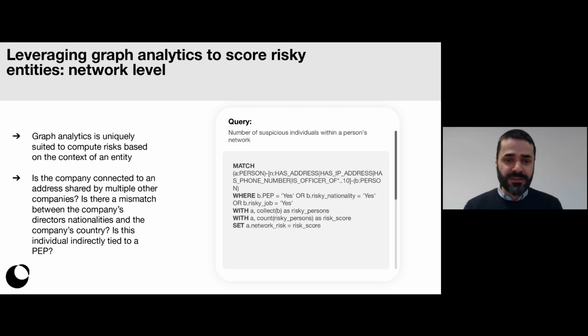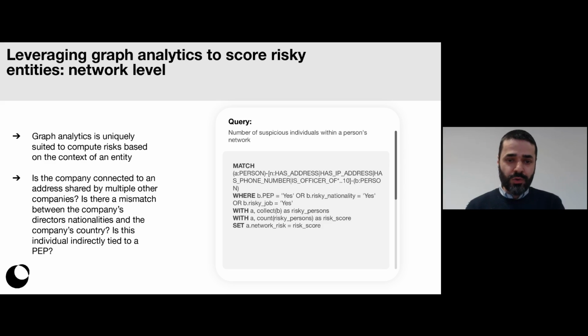You have an example of that on the right. We have a query that identifies the number of suspicious individuals within a person's network. You can see up top that we are looking for persons that are connected to other persons across shared addresses, shared IP addresses, shared phone numbers, or the officership of a joint company. These are all different types of connections that can connect one individual with other individuals.